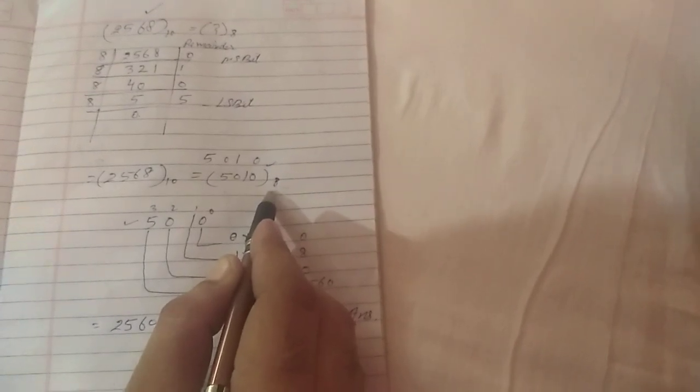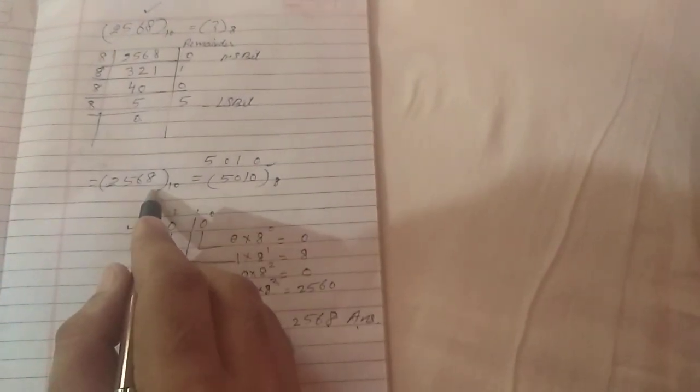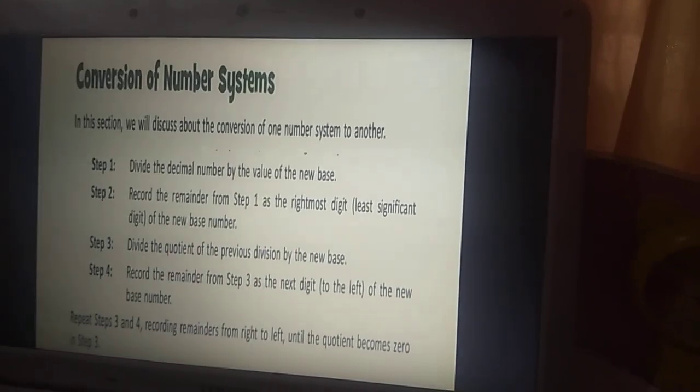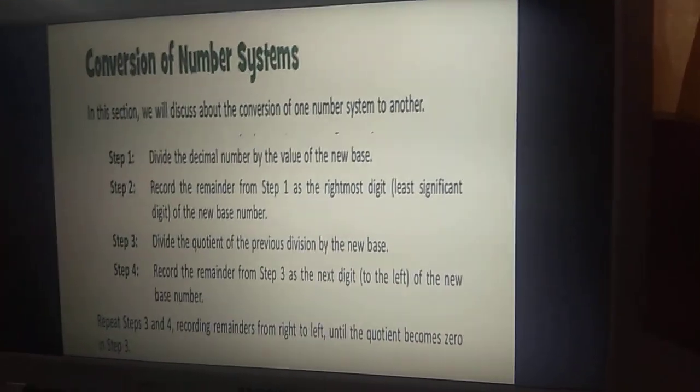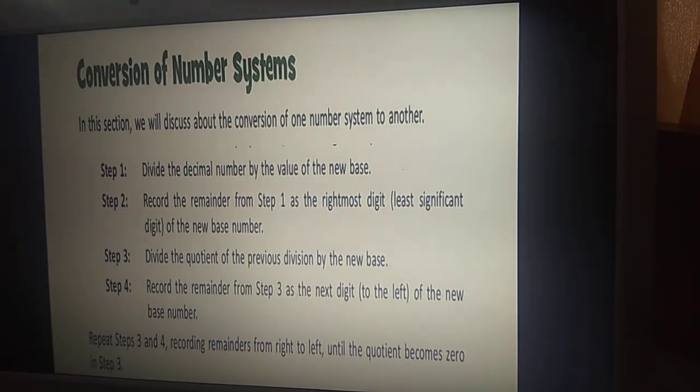So we can say that the decimal number 2568 is equal to the octal number 5010. So this was the conversion of the decimal number into the octal number system.